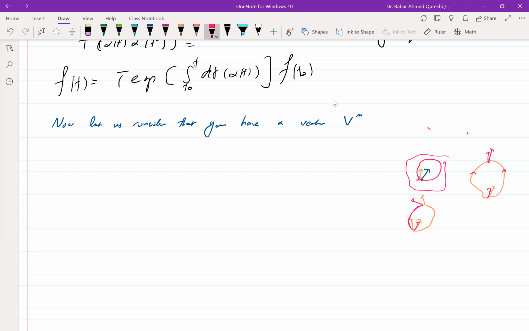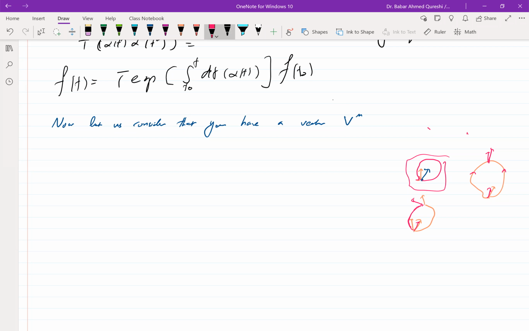So that's the idea. Make small loops and let this vector be parallelly transported along this loop, come back to the same point and see if you get the same vector or not. And if you don't, what does it depend on? How can we, in general, compute what kind of vector we will get?